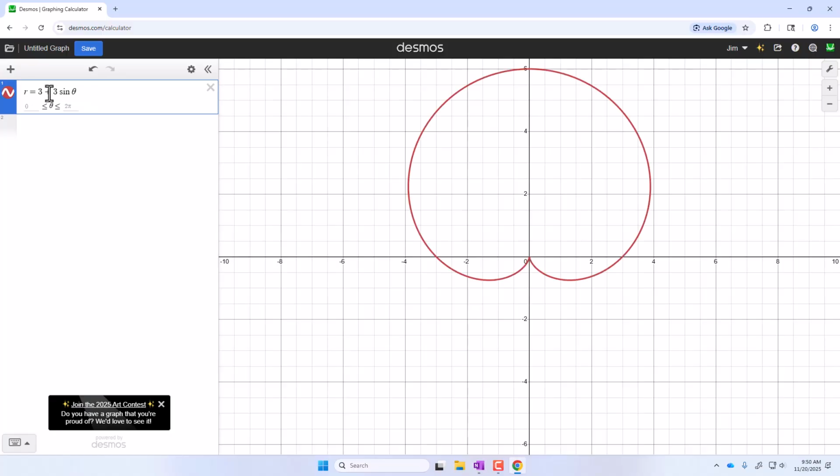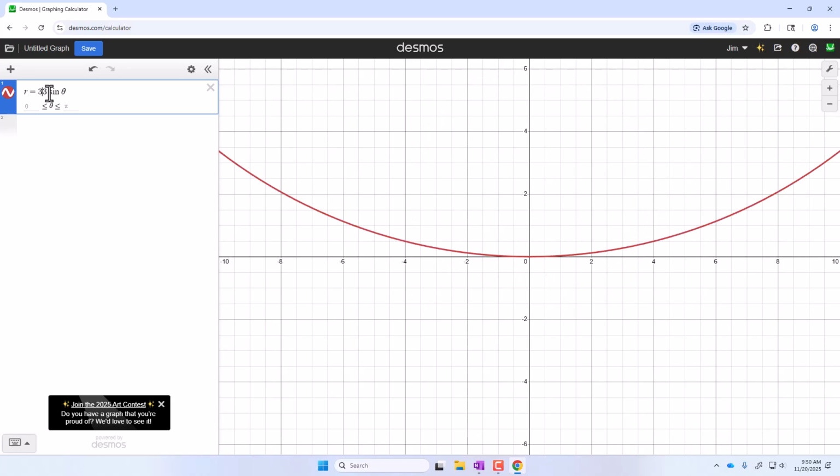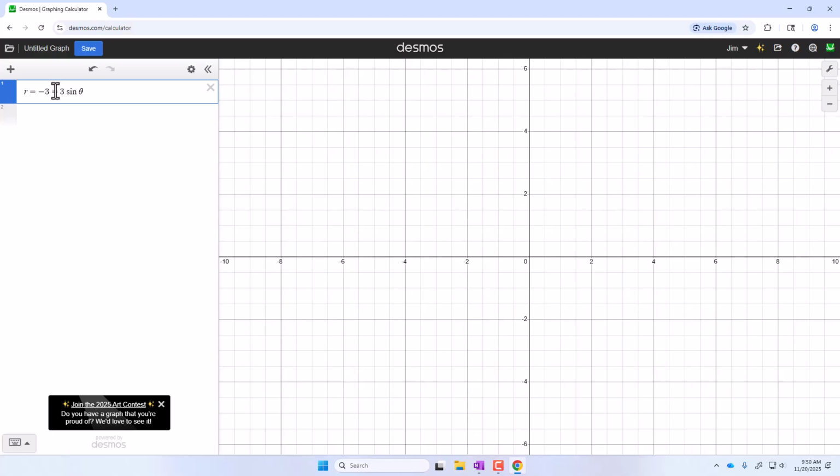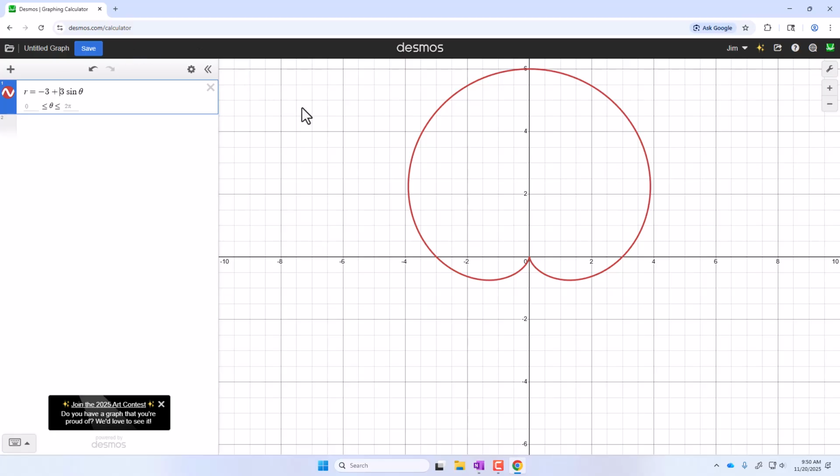Now notice if we start changing these signs, if we make it negative, it flips it. If we make this one negative as well, nothing changes once we've already flipped it. What about if we make that positive? That's just going to keep it back how it was originally. So this minus sign out here is not doing much.